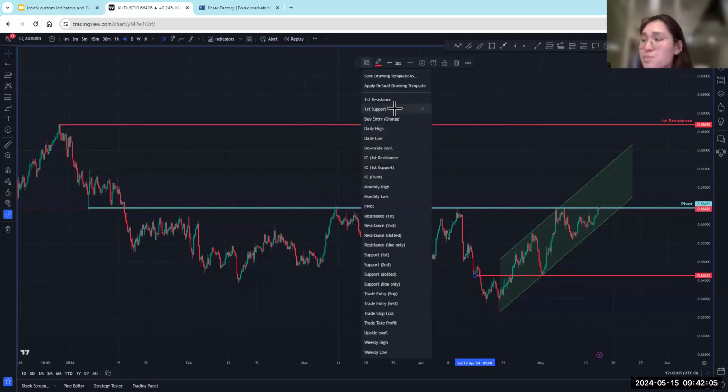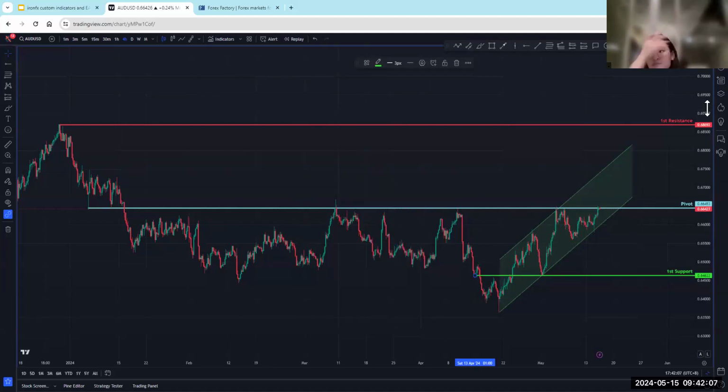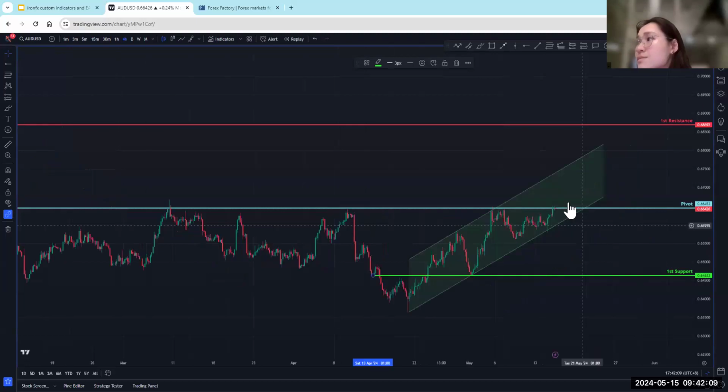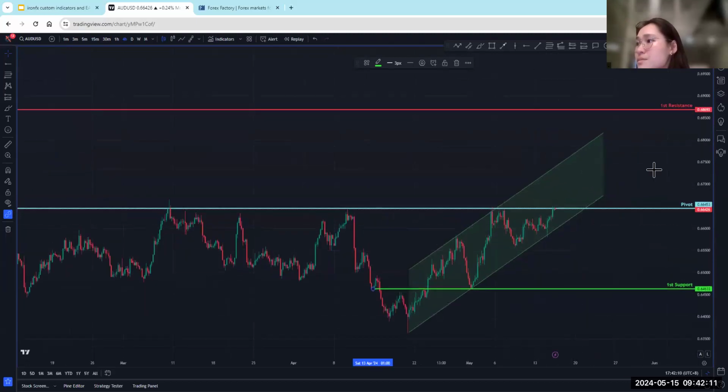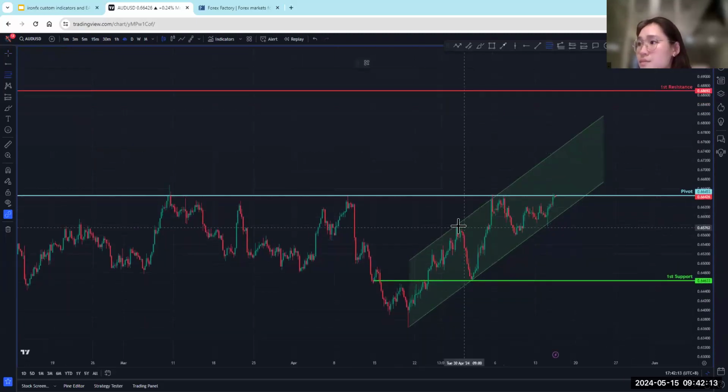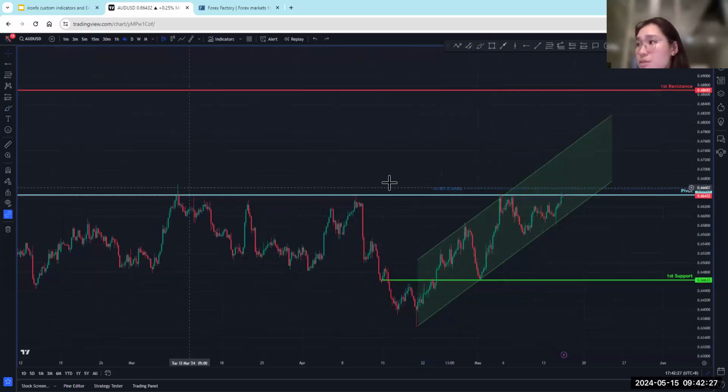Now I'm going in with this shape here, which we call Fibonacci extension, and 161.8 lines up nicely with our pivot.